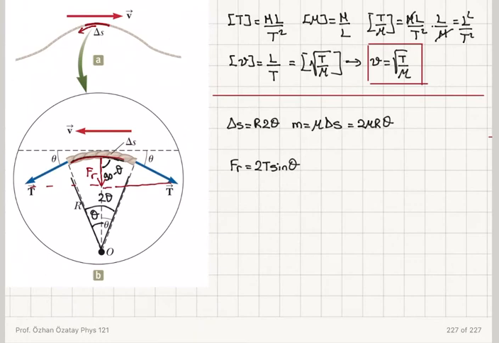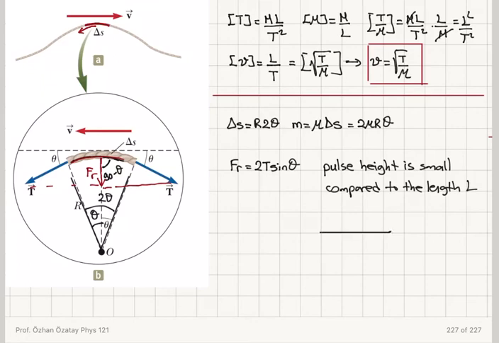Now, if this pulse height or wave height is small compared to the length of the string L, that means I have a small disturbance on this string, right? So it has a very large length, and then I have a very small pulse height, like this, and this pulse is propagating to the right.